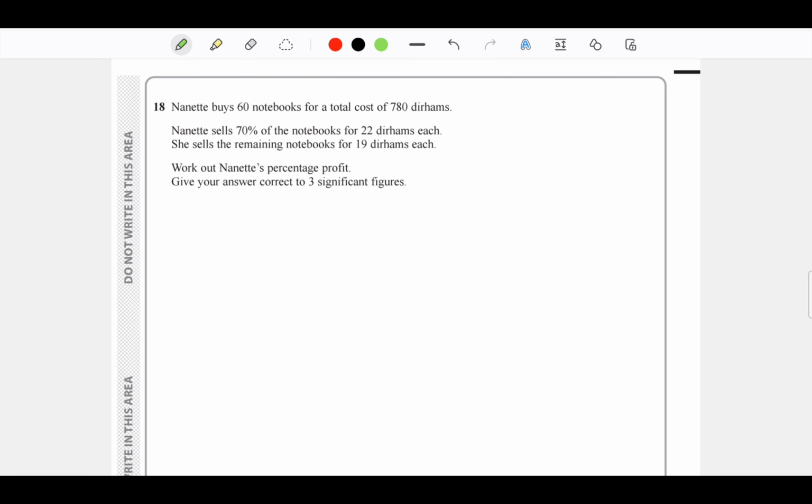Alright, so step 1 is always write down all of the information that they have given us. We know total books is 60, total cost 780 Ds.